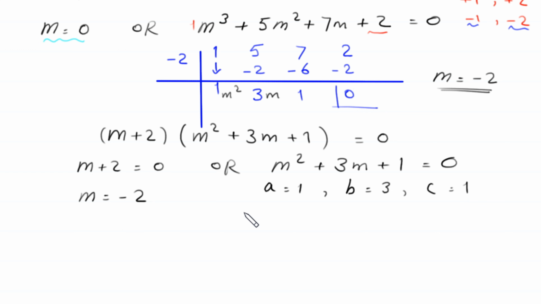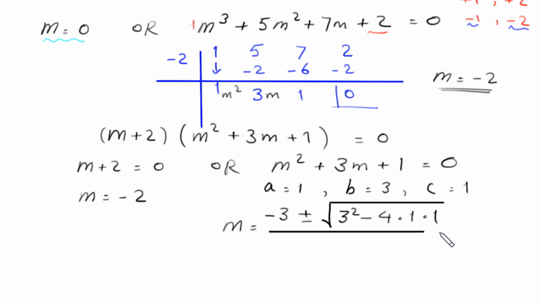And according to the quadratic formula, m is equal to negative value of b, 3, plus or minus square root of, in place of b squared we write 3 squared, minus 4 times value of a, 1, times value of c, 1, divided by 2 times value of a, 1.